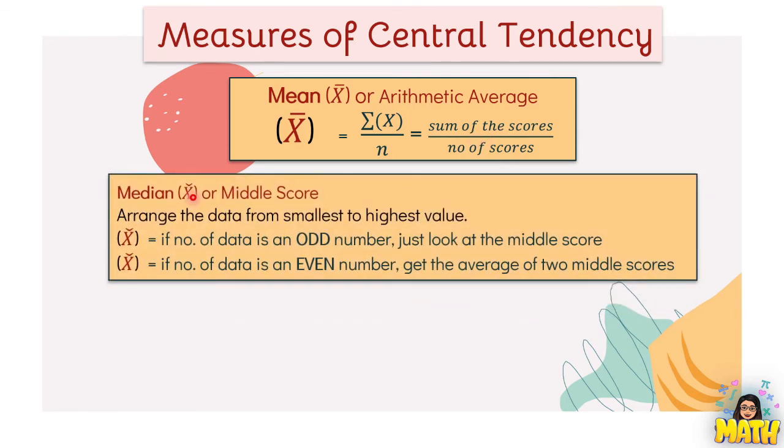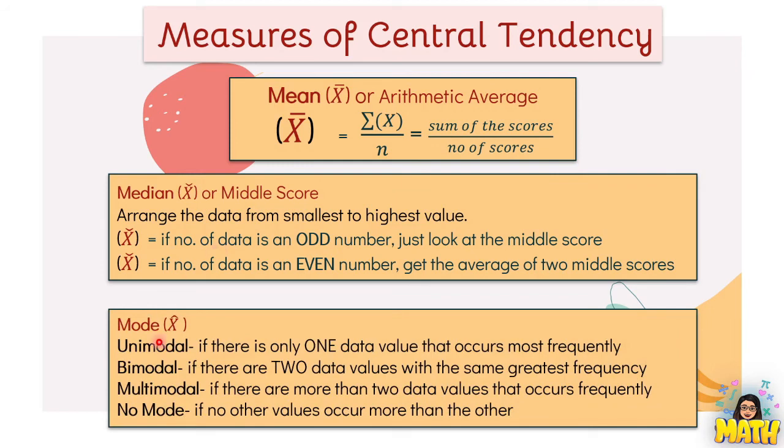Next is for the median or the middle score. We can look for it by simply arranging the data from smallest to highest value. If we have an odd number of data, we simply look at the middle score, and that is already the median. But if we have an even number of data, we simply need to get the average of the two middle scores to represent the median.